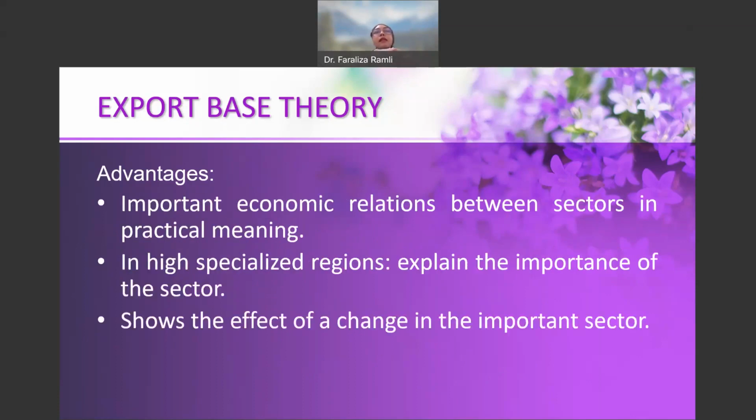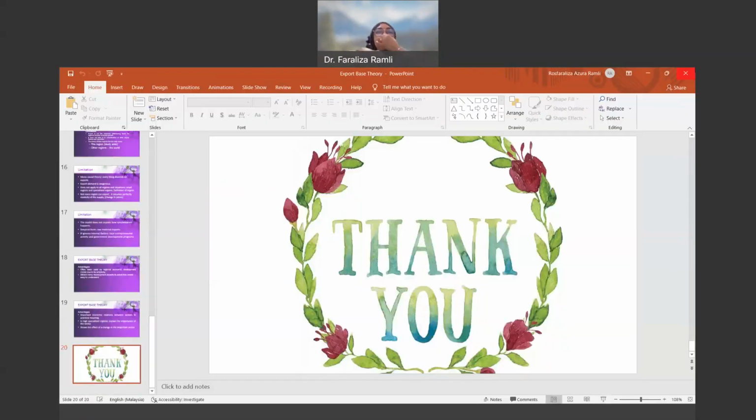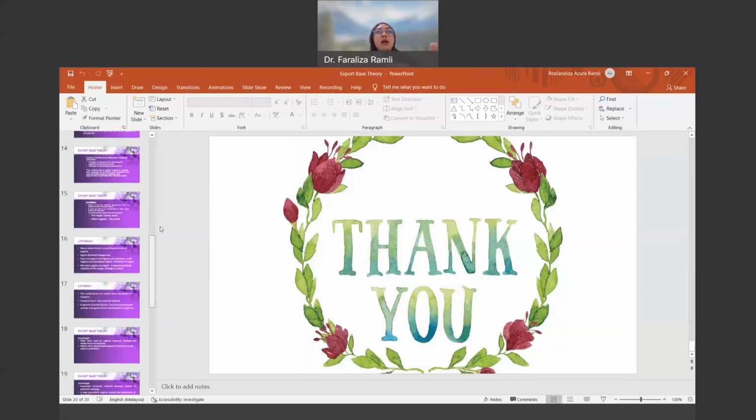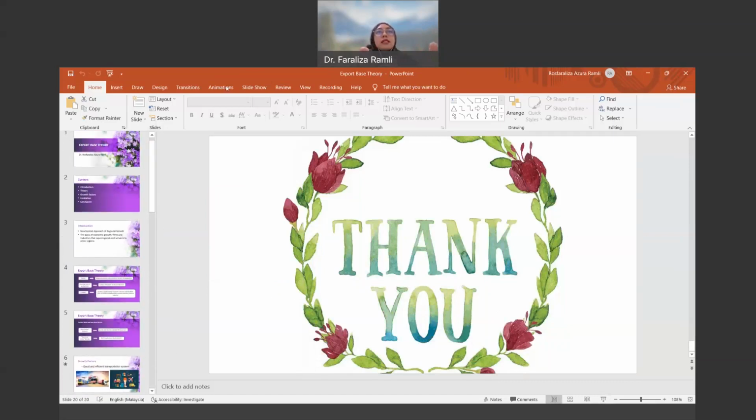Okay, and also it shows the important economic relations between sectors, with practical meaning in highly specialized regions. It explains the importance of the sector and shows the effect of change in the important sector. Okay, that's all. So I will share after this for the next chapter.